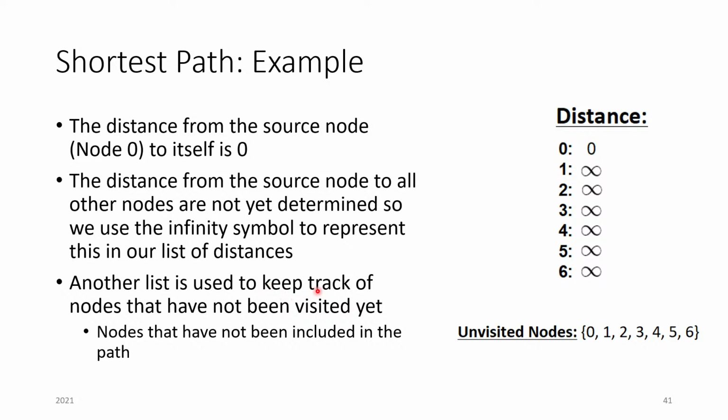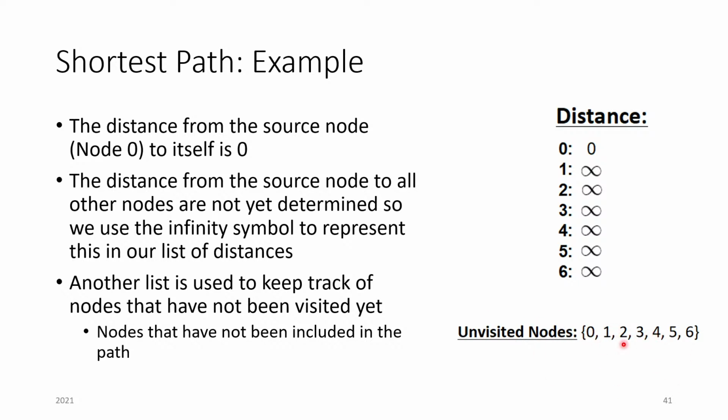We also need a second list to keep track of the nodes that we visit, so that we don't revisit them during this algorithm. Once we make sure that we've covered each node in turn, we'll remove each of these nodes from the unvisited nodes list.